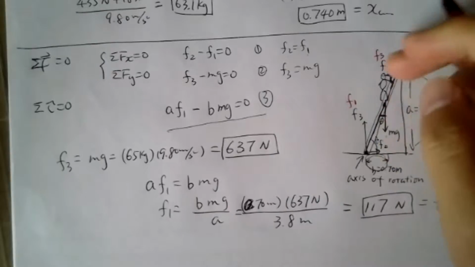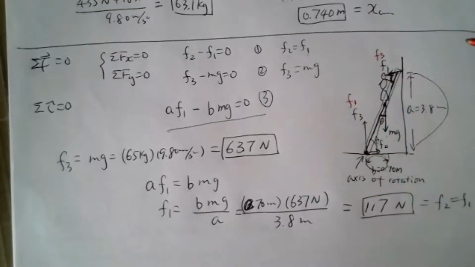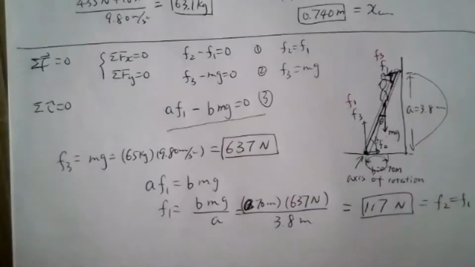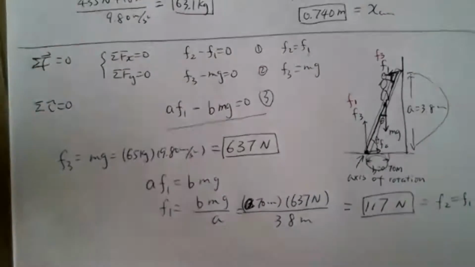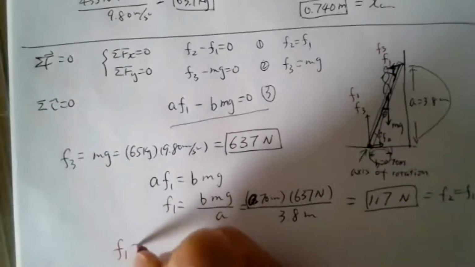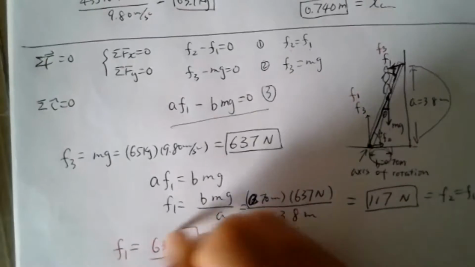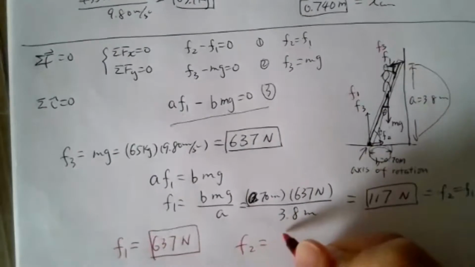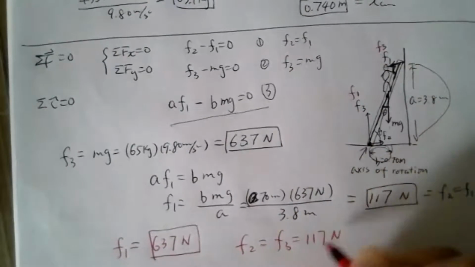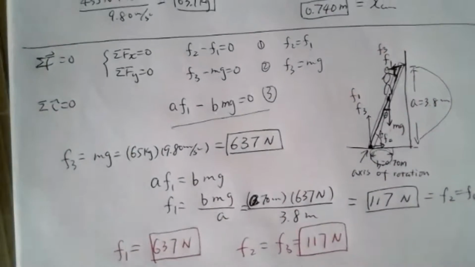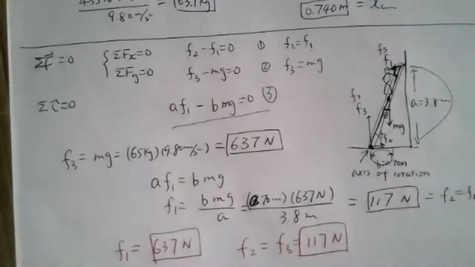F2 was right; I swapped F1 and F3. So the final answer should be F1 equals 637 newtons, and F2 equals F3 equals 117 newtons. Sorry for my inconsistent notation with the original problem, and thanks for pointing that out.